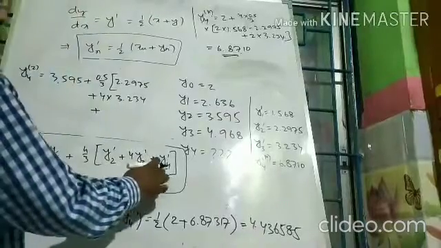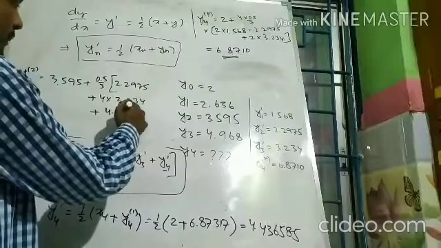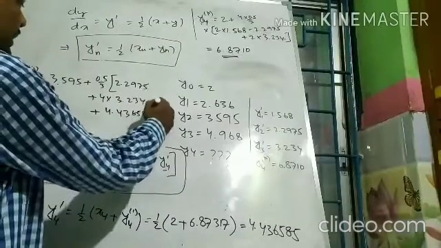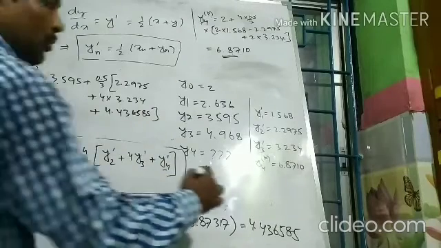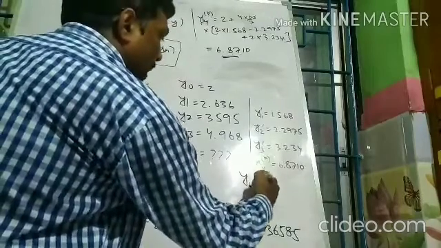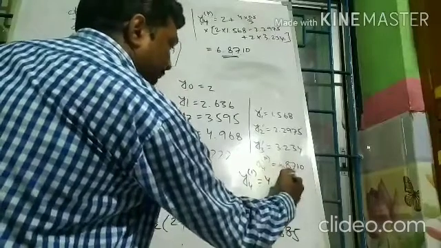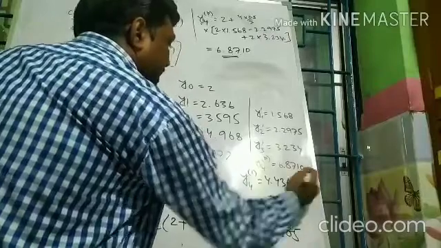So in place of y4 prime, write 4.436585 and calculate the second iterative value of y4. This 4.436585 is from the first iterative value of y4.